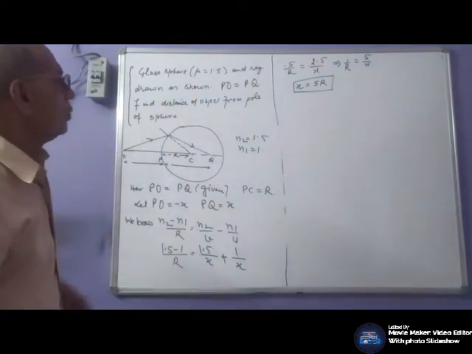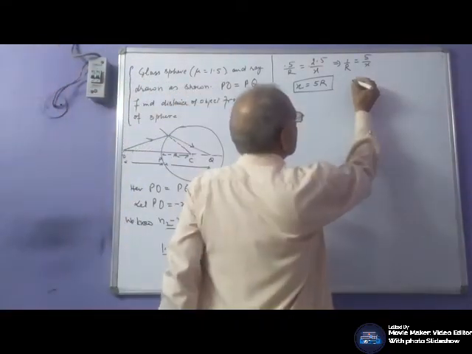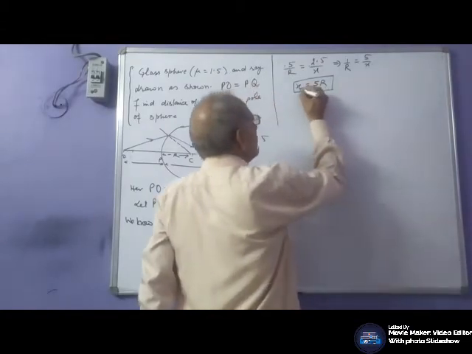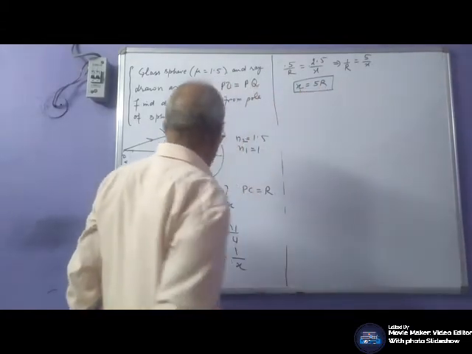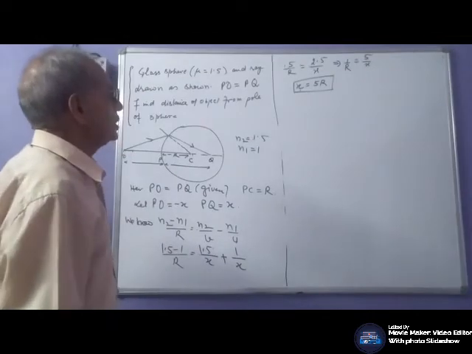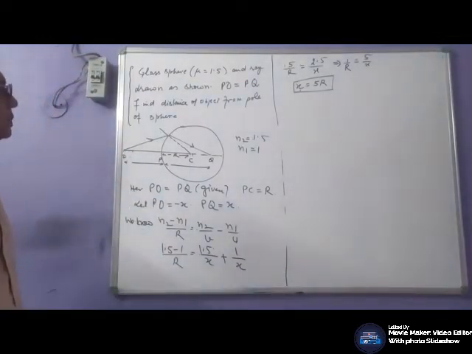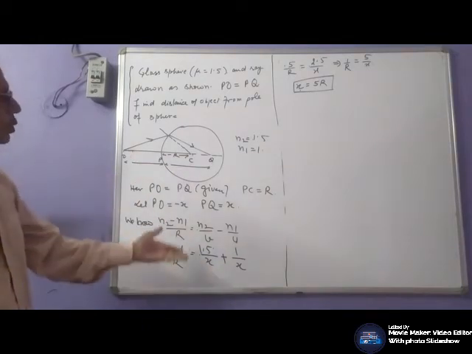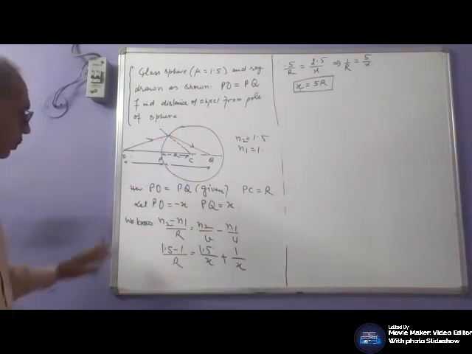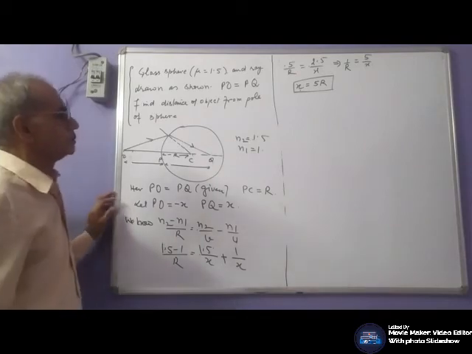Find the distance of the object. And what is this? This is the distance. So we have calculated the distance of the object. Write down the formula, put values, and you will get it with proper sign conventions.